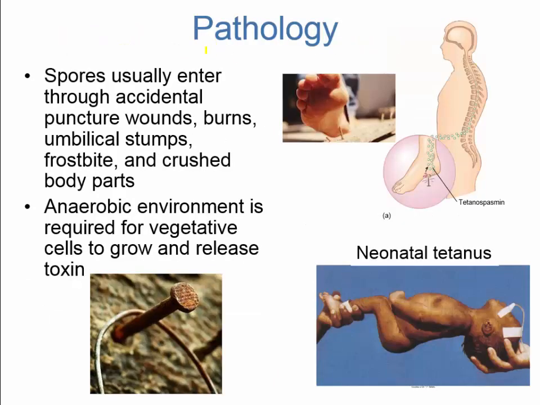The pathology of these spores: they typically enter through an accidental puncture wound, aka here's my rusty nail. As a consequence of that deep wound, it is an anaerobic environment. The rusty nail provides that perfect environment where it's a sharp wound, it goes in, and then once the nail is pulled out, the area closes off. You could probably consider this analogous to a cat bite.